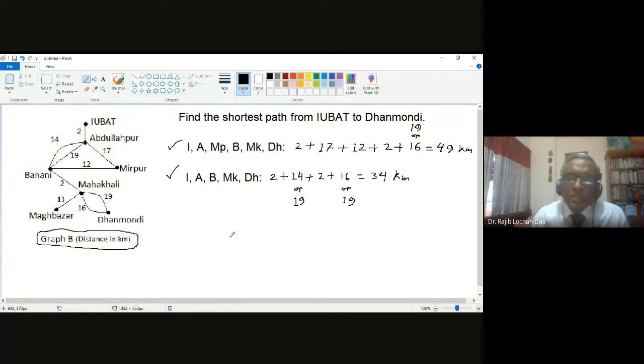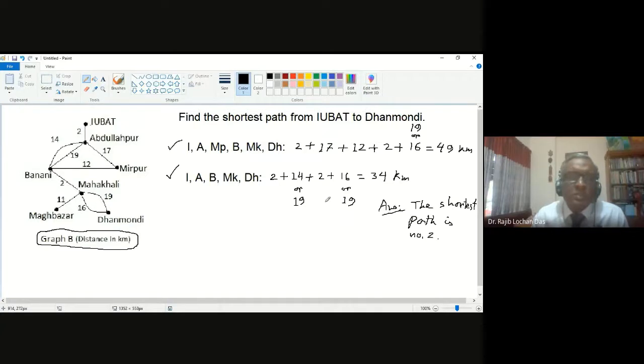So in another graph, you will answer the shortest path is number 2.